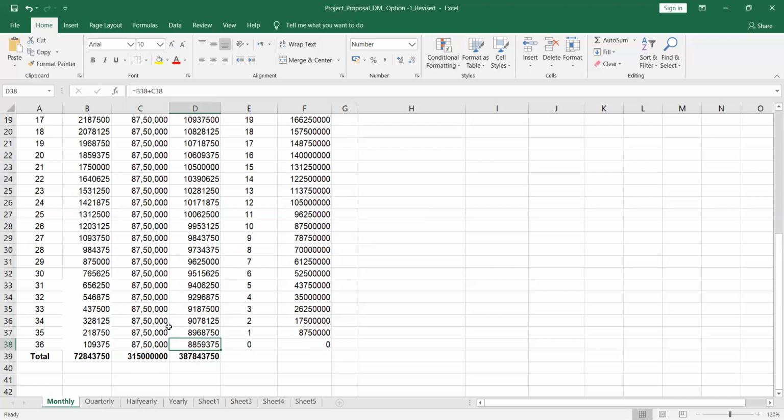Then this much amount will be there. After that, no unit is left, so he has to pay nothing. So this much total amount he has paid as rent, 7 crore 28 lakh 43,750, and this was the bank share which he has purchased.